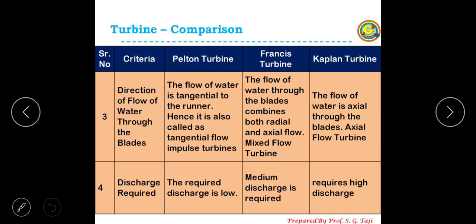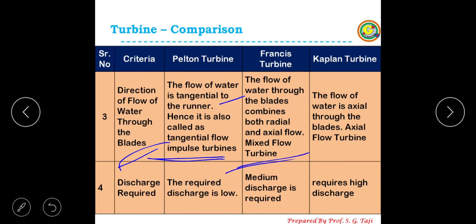Criteria number 3: direction of flow of water through the blades. In case of Pelton turbine, the flow of water is tangential to the runner, hence it is also called as tangential flow impulse turbine. Francis turbine, with respect to this criteria, the flow of water through the blades combines both radial and axial flow, mixed flow turbine.